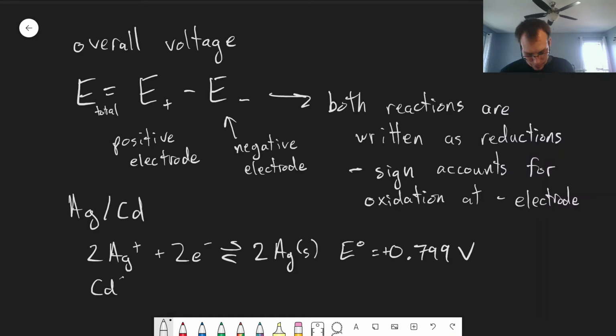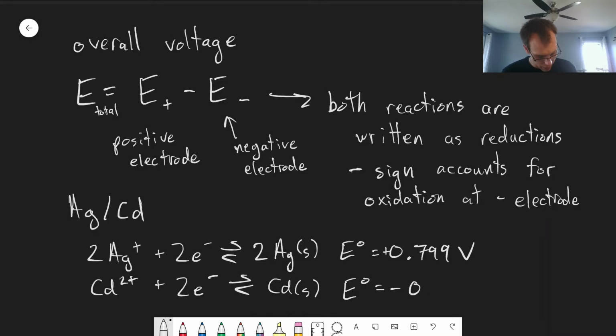And then Cd2+, again, we're writing these both as reductions, even though we know that the cadmium is going to be an oxidation, going to cadmium solid. And if we look up this standard reduction potential, it is negative 0.402 volts.